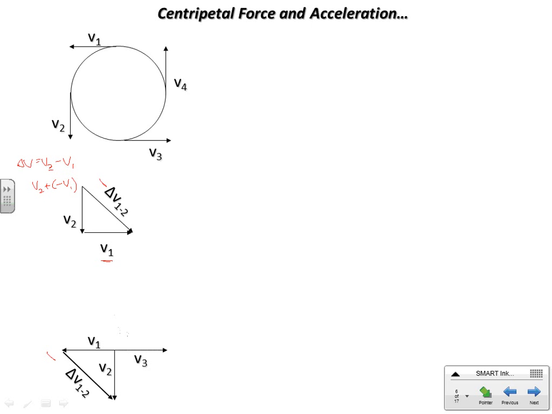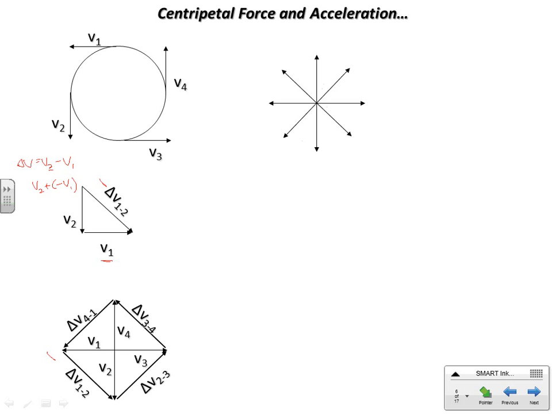So from 2 to 3, the change is like that. From 3 to 4, the change is like that. From 4 back to 1, the change is like that. And the magnitude of the total change is literally the perimeter of that square. Find the lengths of those vectors. Well, there aren't just 4 velocities.